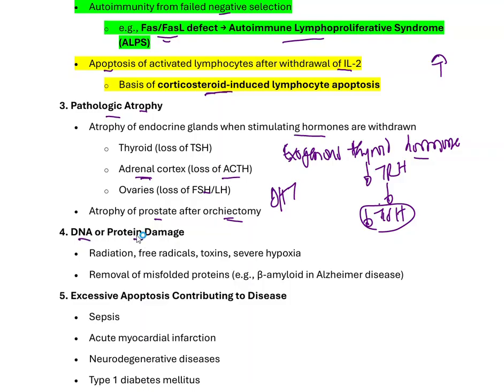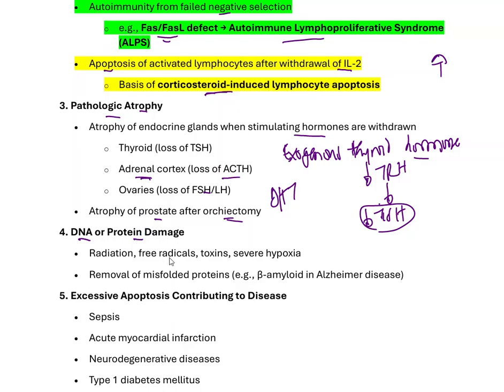Another example is DNA and protein damage. So for instance, if somebody is exposed to radiation, free radicals, remember we spoke about free radical injury the other day. We also spoke about hypoxia. So if you guys have not watched those videos on free radical and hypoxic cellular injury, please do watch those videos. It's going to really help you.